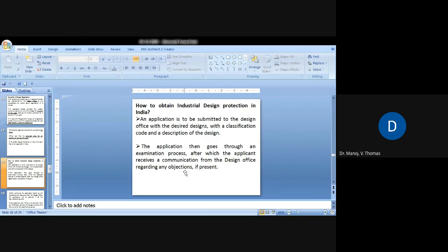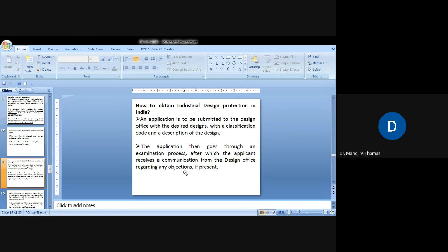How to obtain industrial design protection? An application is to be submitted to the design office with the desired designs, a classification code and a description of the design. The classification code says which category the design belongs to, such as vehicle, household item, dress material or cutlery. The application then goes through an examination process, after which the applicant receives a communication from the design office regarding any objection, if at all present.